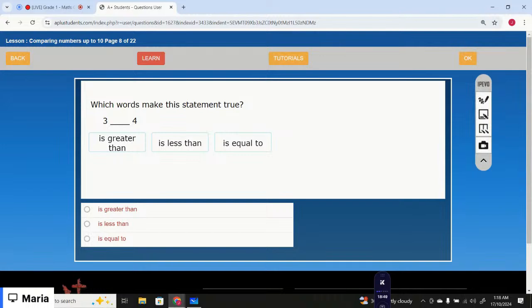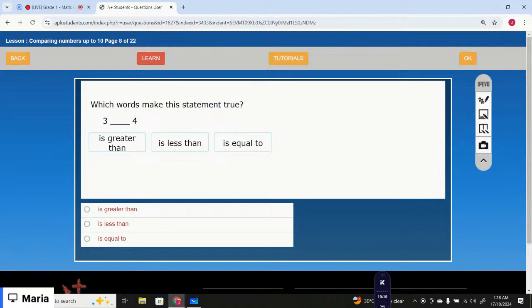Which words make the statement true? Which is the correct option? Which words make the statement true? 3 and 4.